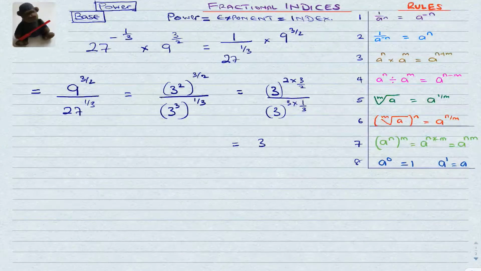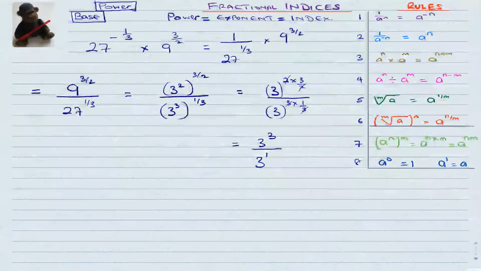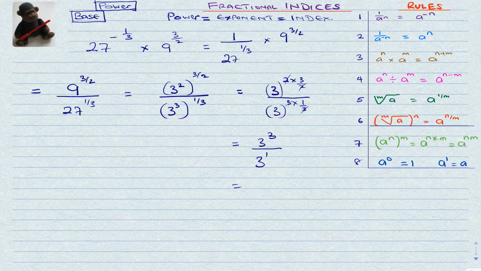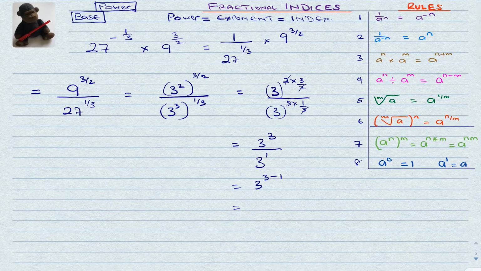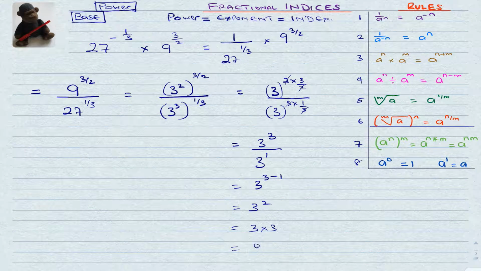So you're going to get 3 to the power 3. And at the denominator, we get to the power 1, because 3 cancels 3. And so applying rule number 4 will be 3 to the power 3 minus 1, and that should be 3 to the power 2, and 3 to the power 2 means 3 times 3, which equals 9.